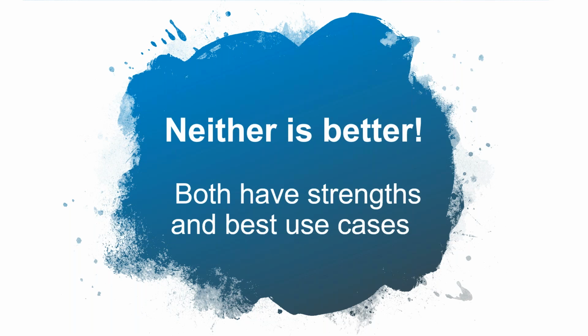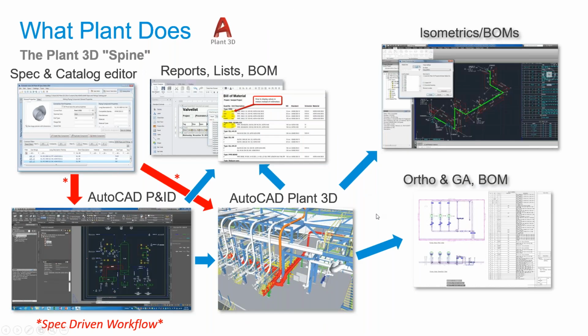So if you move to the next slide, Joel, we have here just a quick reminder, as most of you already know these things. It's basically the Plant 3D spin, and you can see an overview of all of the capabilities of AutoCAD Plant 3D today, from the spec and catalog editor to the deliverables, so isometrics and orthos, and the spec-driven workflow, which allows you to use very efficiently the components which are stored in the catalog, then in the PNID.